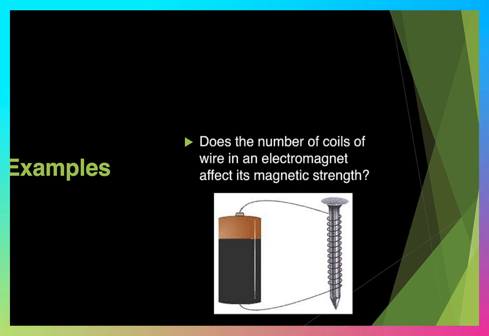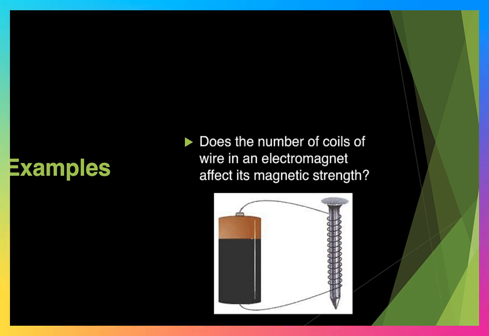So let's look at a couple of examples of scientific method. First of all, does the number of coils of wire in a magnet affect its magnetic strength? You can make an electromagnet by wrapping wire around a piece of metal, like this wire around this nail. The question here is the number of loops, does that impact the strength of the magnet?